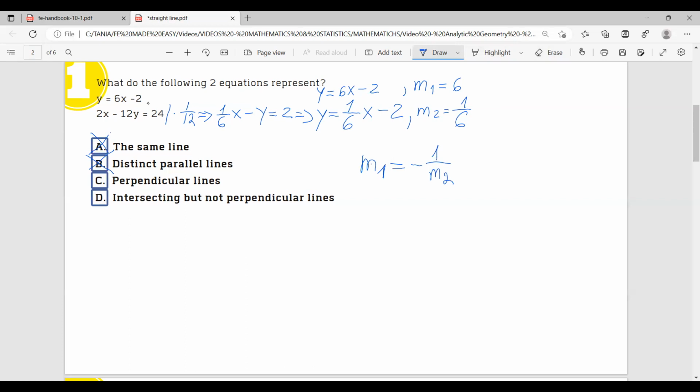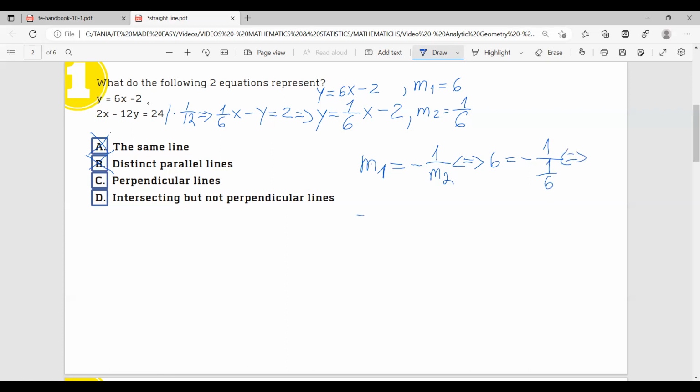So let's substitute here and find out if it is true or not. So 6 equals minus 1 over 6.